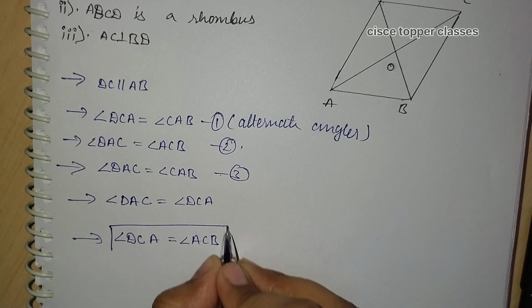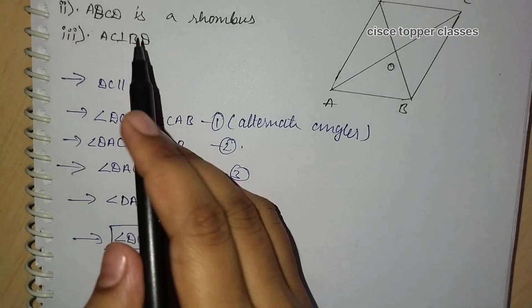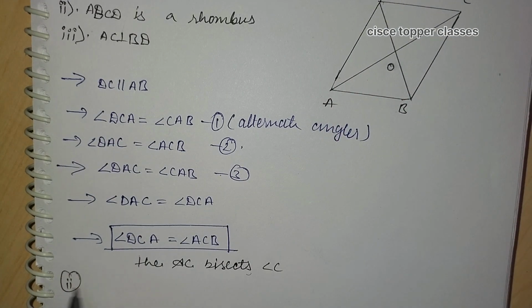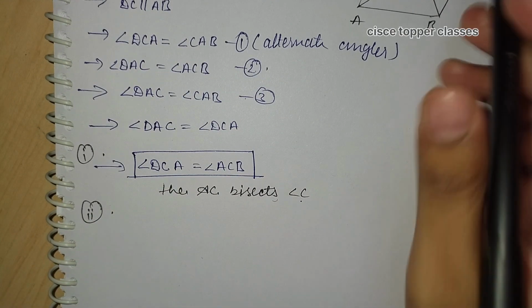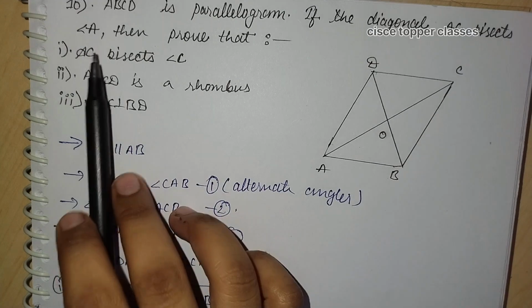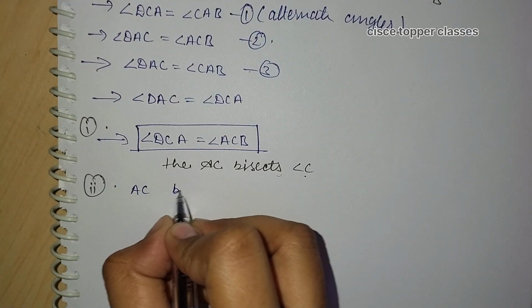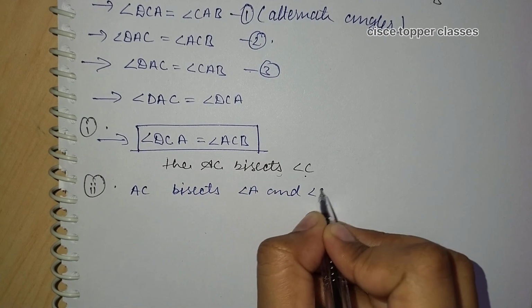From this we can conclude that AC bisects angle C, and the given information is that the diagonal AC bisects angle A. Means here we can simply write that AC bisects angle A and angle C respectively.